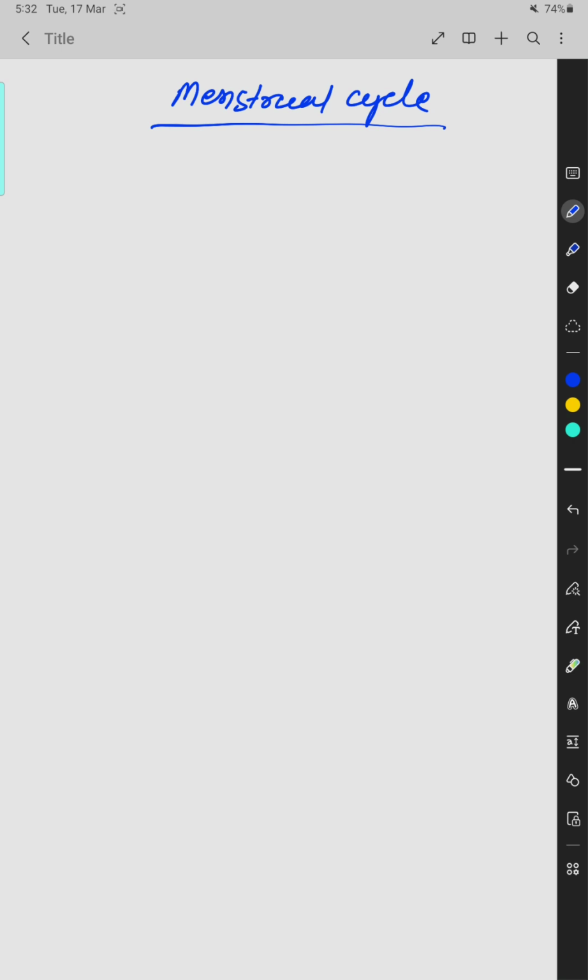The menstrual cycle is otherwise known as the reproductive cycle. It involves all the changes, starting from hormonal, ovarian and uterine changes during the reproductive phase.